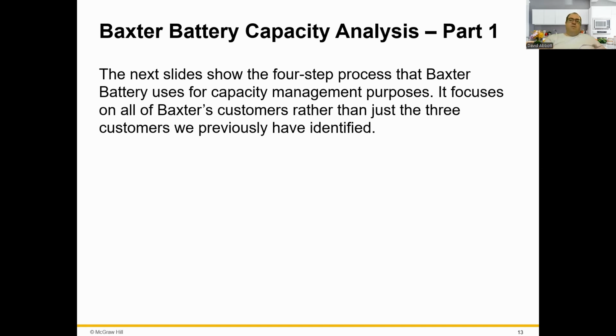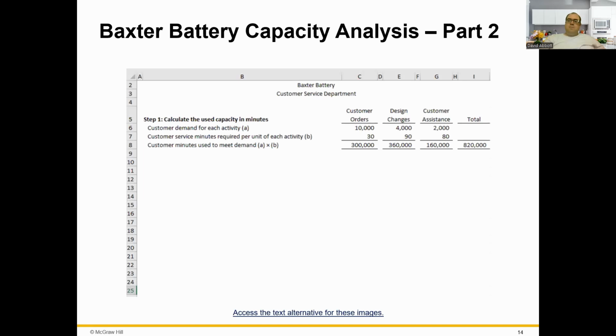And then what we can do now is use the time-driven activity-based costing to analyze our capacity. In the next few slides, we're going to look at the 4-step process that Baxter Battery can use for capacity management purposes. It focuses on all of Baxter's customers rather than just those 3 initial customers. The first step is to calculate the total used capacity in minutes.